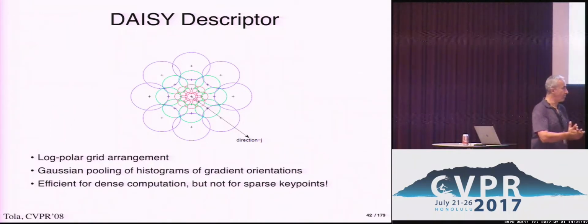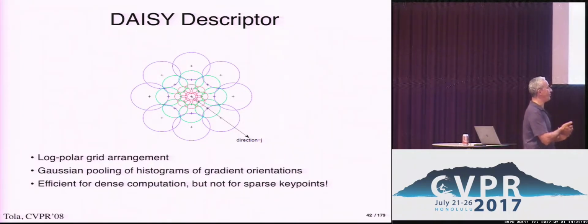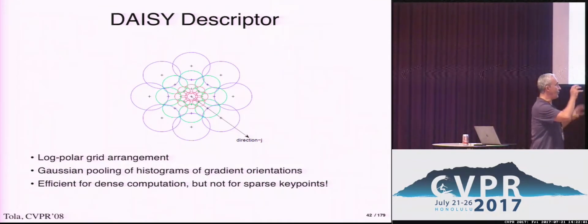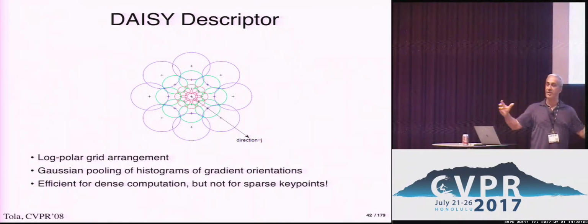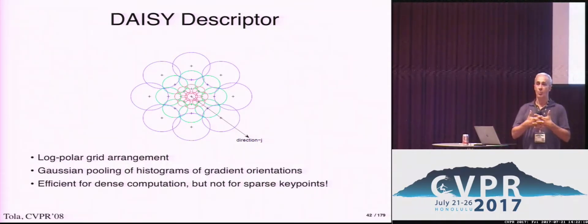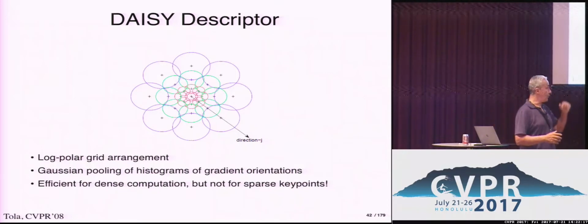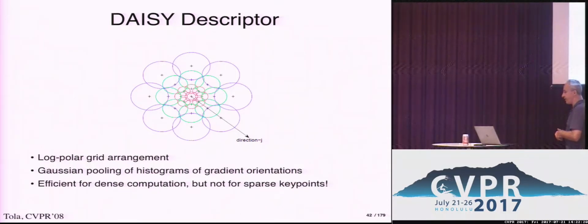There you can do something directly inspired by SIFT, but slightly different: you look at gradient distributions in concentric circles of increasing radius. This shape you can compute very effectively just with 1D convolutions. It's all 1D Gaussian convolutions. And you can compute this DAISY descriptor everywhere very quickly.